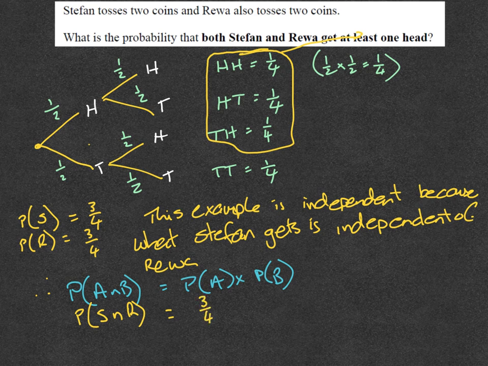That's the probability that Stefan gets at least 1 head, times the probability that Rewa gets at least 1 head, which is also 3/4. And of course, 3/4 times 3/4 is equal to 9/16, which is the same as 0.5625. And that's your answer for that one.